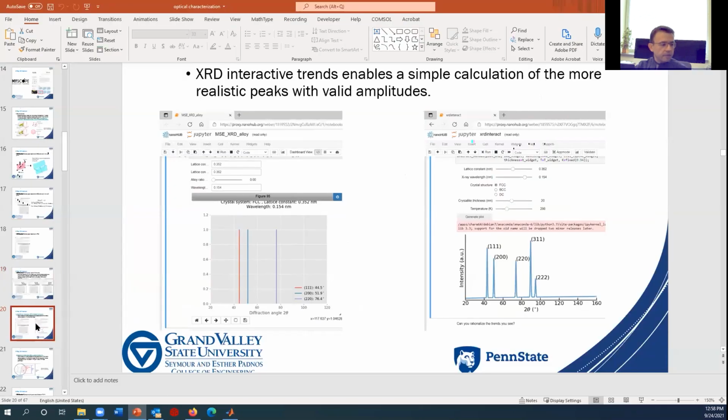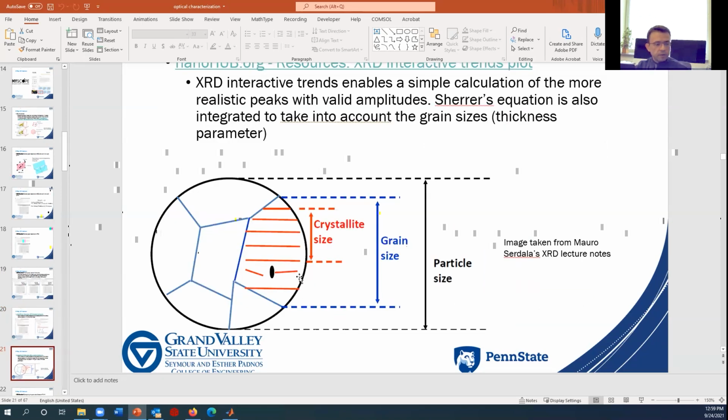All right, so after having introduced you to that tool, another great tool. Now, if you'd like to look at something more realistic, with the intensity involved and also the broadening effect, because our structures may not just be bulk, large grain size structures.